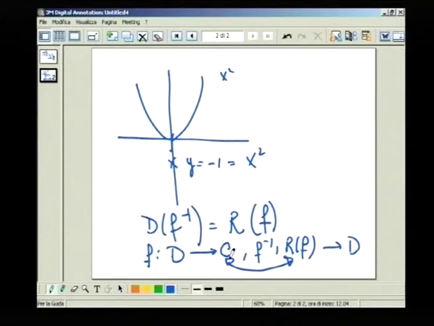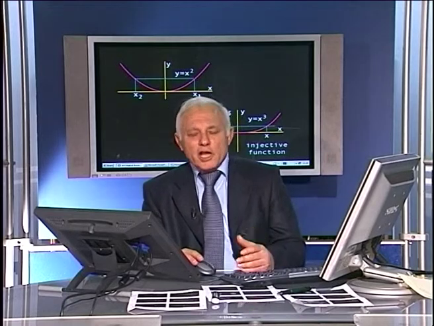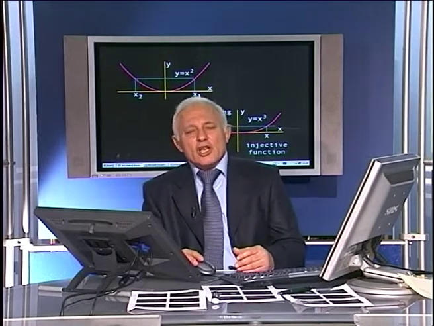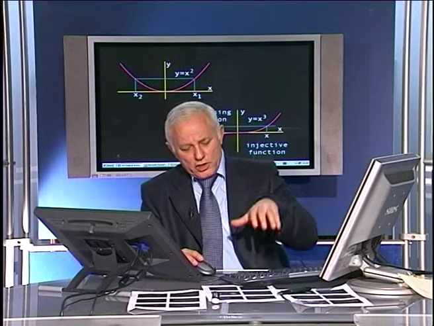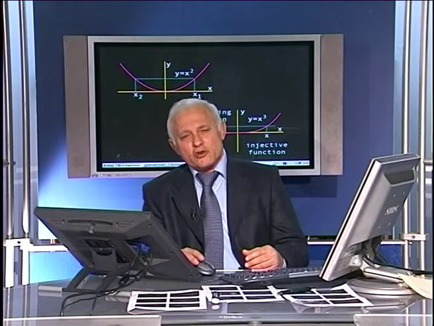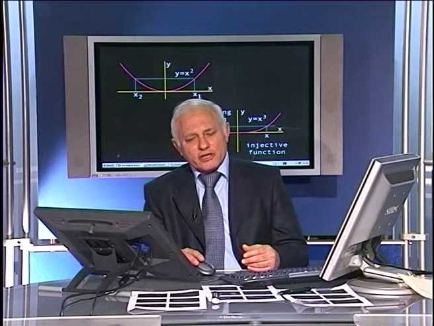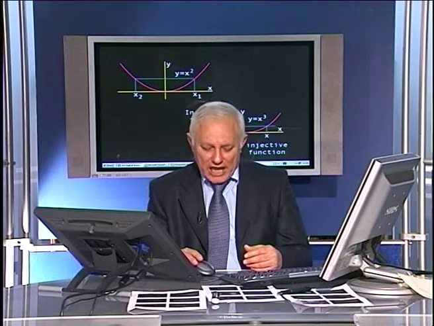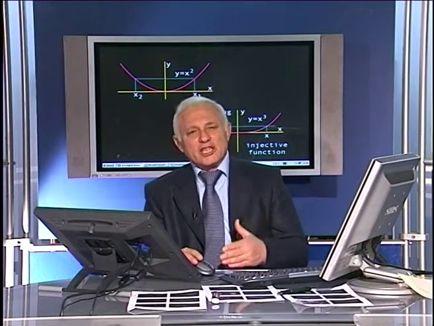In other words, we restrict the codomain of f to be equal to the range, so f is an onto function, or as we said before, a surjective function. So now f is injective, and f is also surjective. When a function is both injective and surjective, we call it a bijective function.